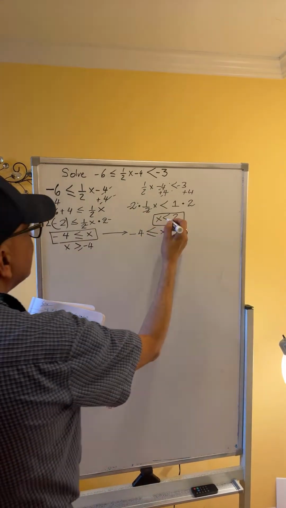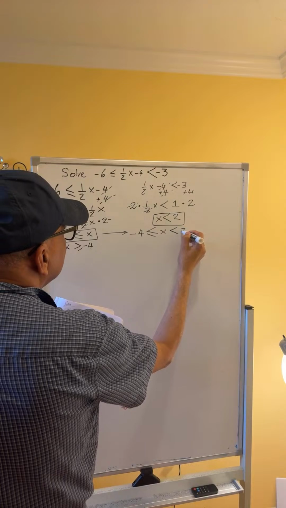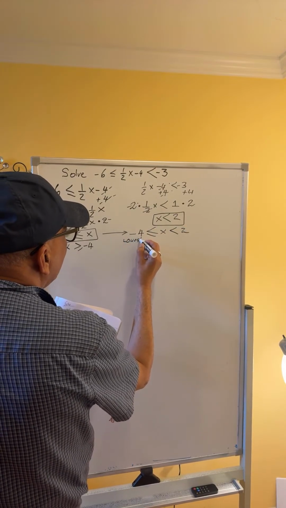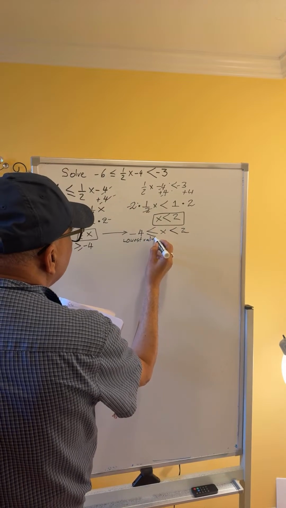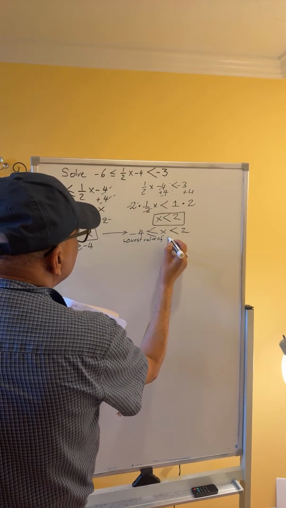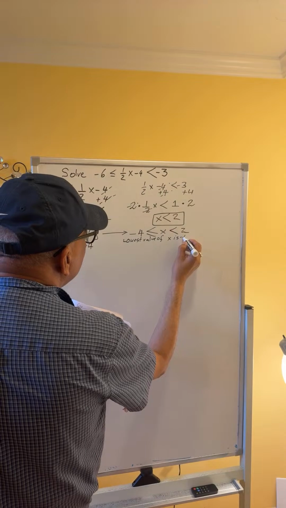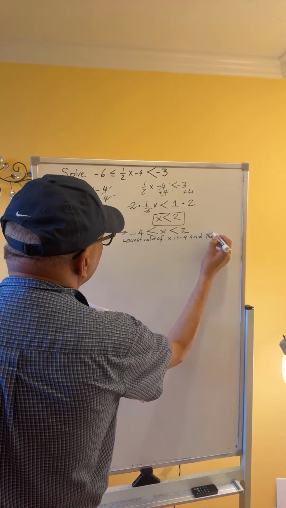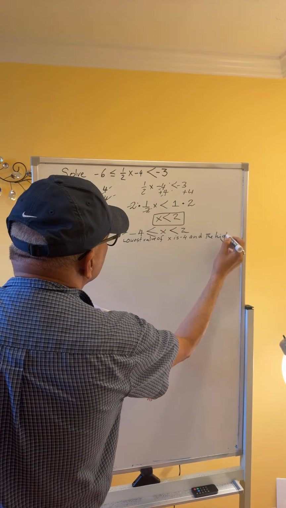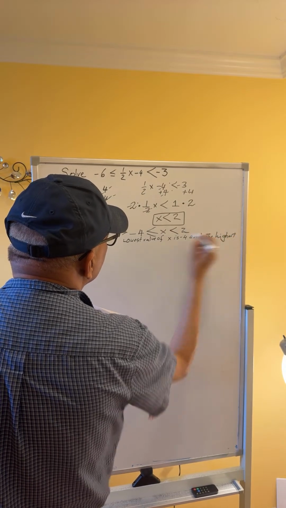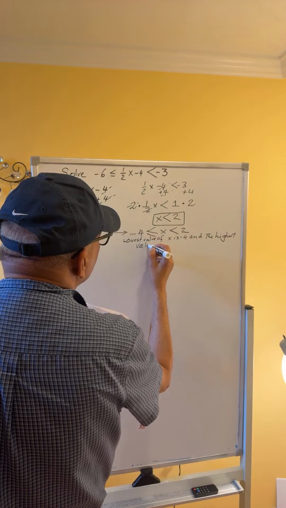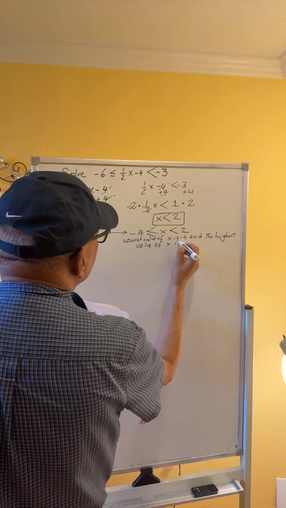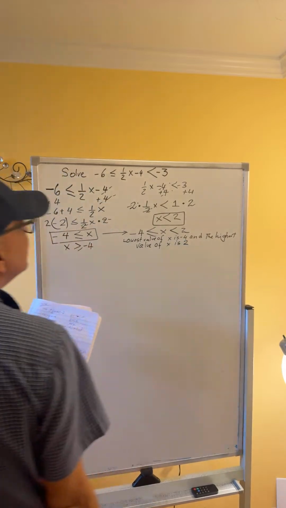Less than 2. What does it mean? It means the lowest value of x is minus 4 and the highest value of x is 2. How do you write this?